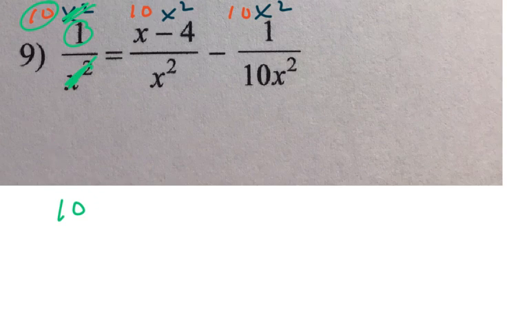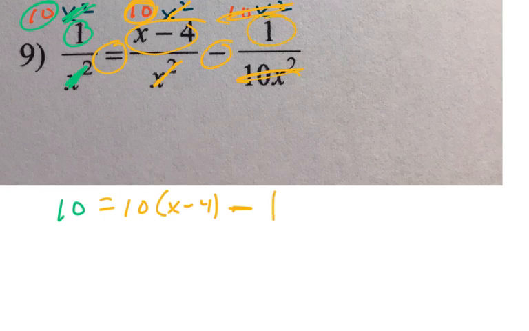Equals. I notice the x squareds cancel out. Now I have a 10, guys, I got to distribute. So equals this 10 I have to times with x minus 4. I'll write it down just to make sure I'm not skipping any steps or going too fast. Over here, well, we have a minus. Let's keep the minus. Notice everything cancels, and I'm left with 1.